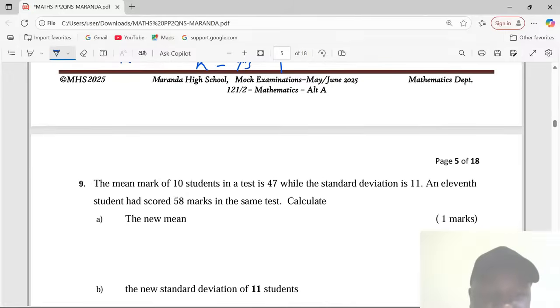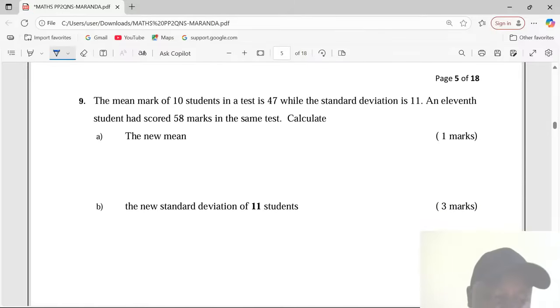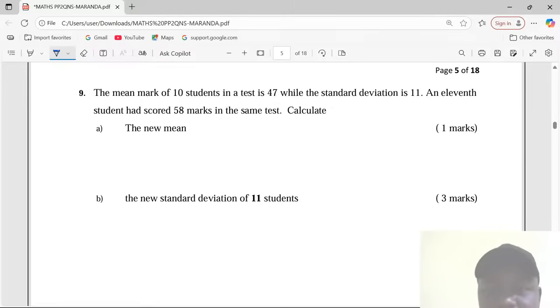At number 9, again, a very interesting question. The mean mark of 10 students in a test is 47, while the standard deviation is 11. An 11th student had scored 58 marks in the same test. Calculate the new mean.